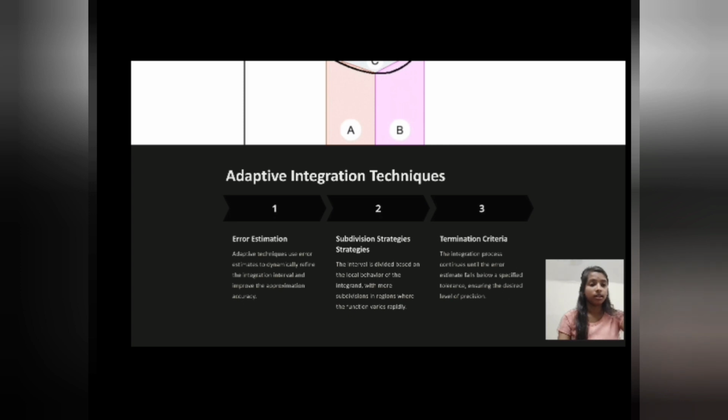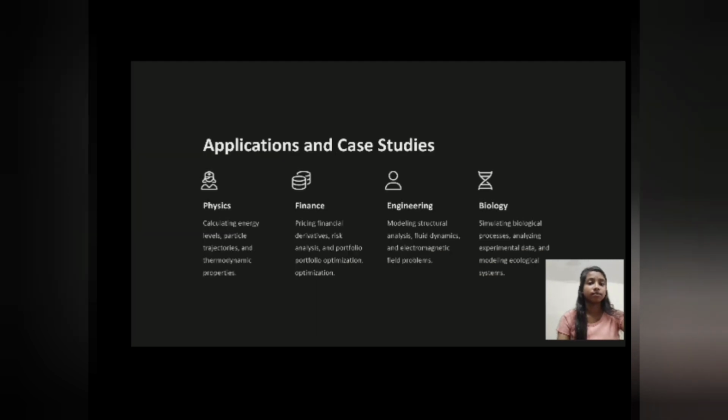Termination criteria: the integration process continues until the error estimate falls below a specified tolerance, ensuring the desired level of precision.